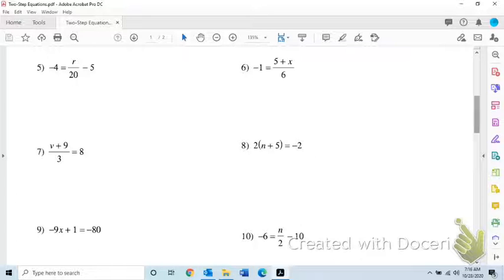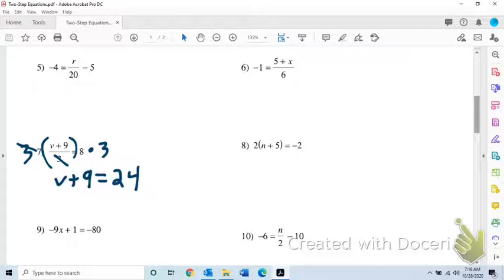So number 7 is like number 6. We want to get rid of that 3 first, so it's v plus 9 divided by 3. When we multiply that whole side by 3, the 3 divided by 3 cancels out, and we end up with v plus 9. 8 times 3 is 24.